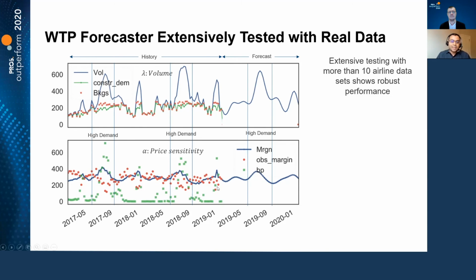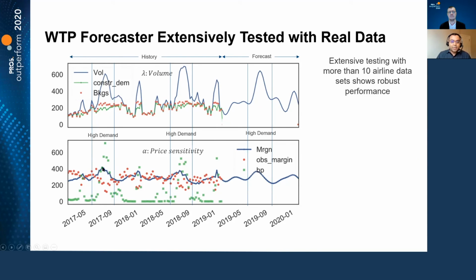So this is one example in the high demand period. The top panel is showing you the red dots, which are the bookings. The blue curve is this unconstrained lambda, or the volume value. And in the bottom panel, the blue curve is the price sensitivity parameter alpha.